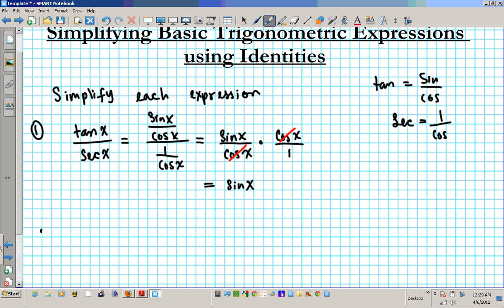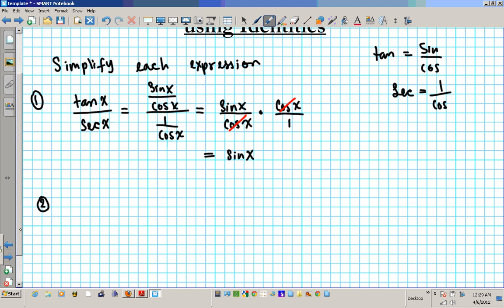Alright, let's move on to number 2. Let's say we have cotangent y divided by cosine y. I like to express top and bottom in terms of sine and cosine. If you have your identities memorized, cotangent is basically cosine over sine.